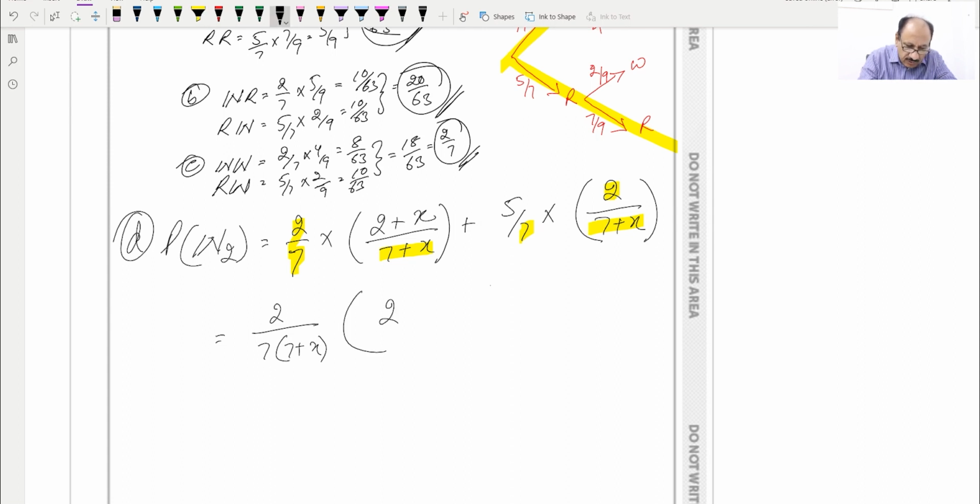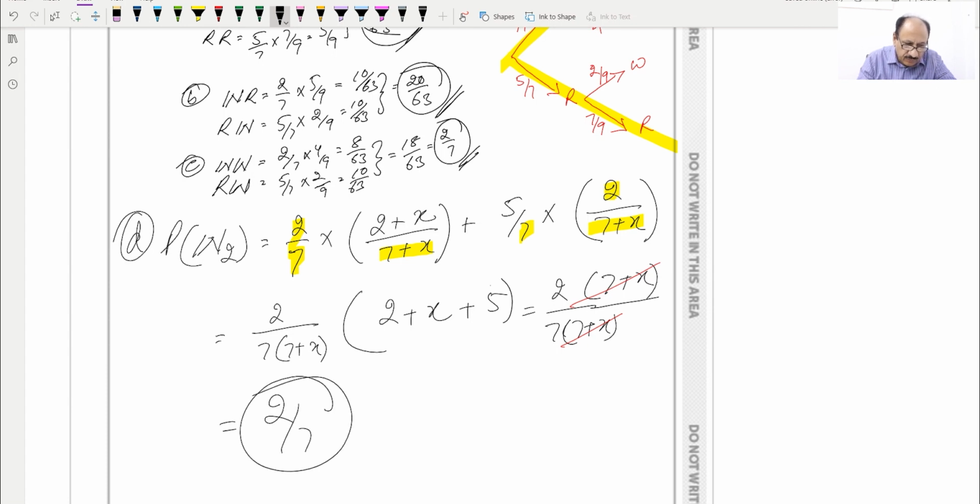This will be 2 plus x plus 5, and we can rewrite it as 2 over 7 into 7 plus x over 7 plus x, and we can cancel this, and the net probability will be 2 by 7 again. So hence the statement is true.